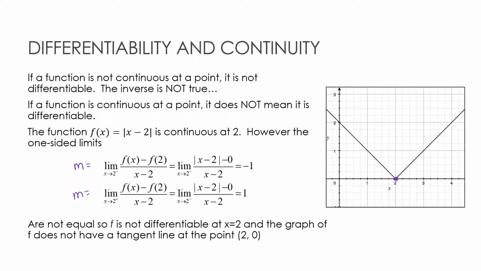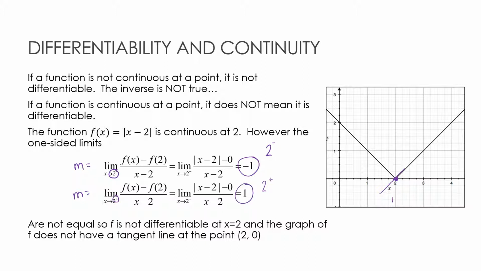If I looked at the slope of the line coming from the left, so notice that notation, 2 with a little negative on the top means 2 coming from the left-hand side, any secant line I could come up with would have a slope of -1. The slope from the right-hand side, so 2 with a little plus, obviously would have a slope of +1. And I've shown you some of that work up here.